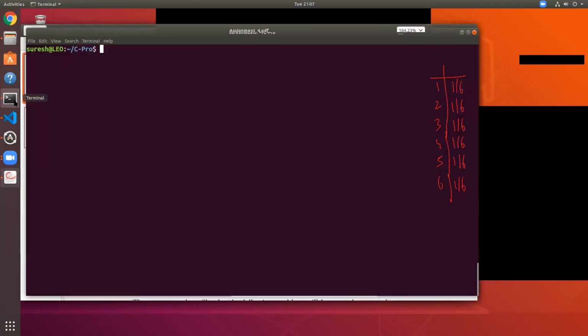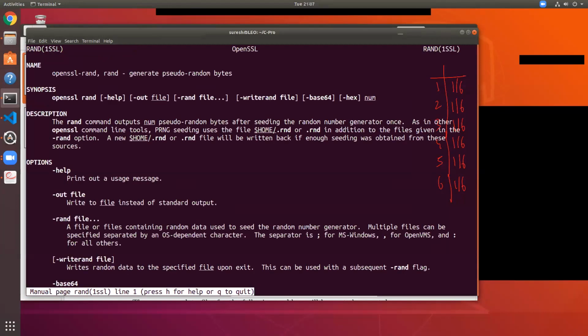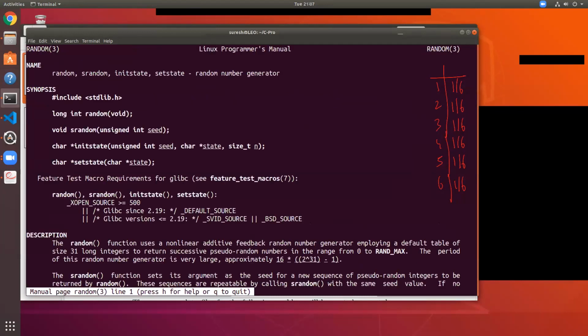So now you use random. Yeah, so now you can see random. We will see it maybe in one of the classes.